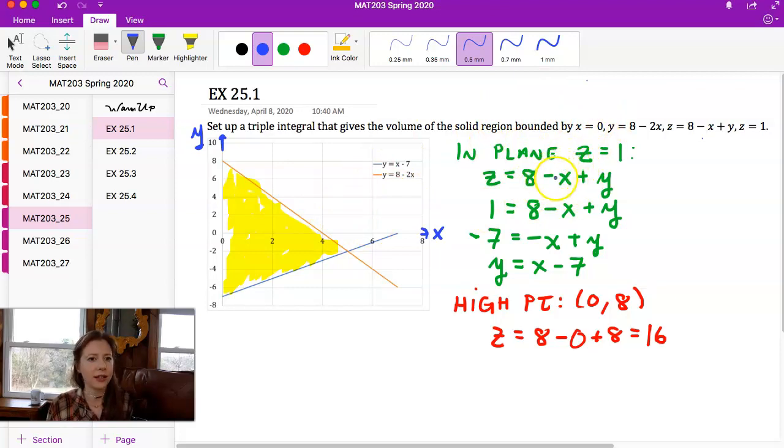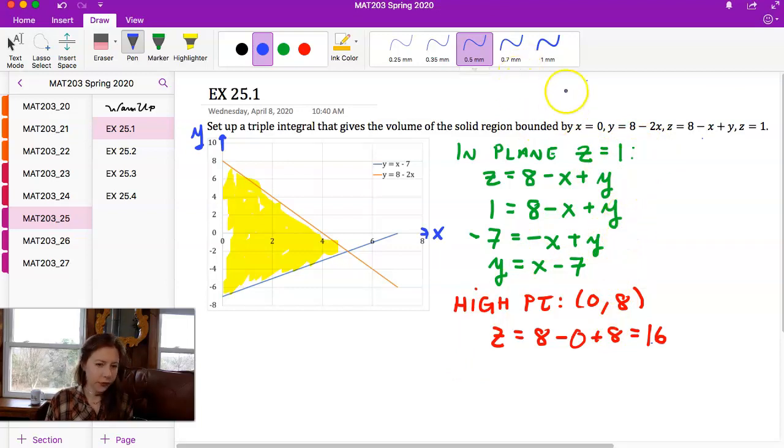If we put in 0 for x, then obeying these bounds, what's going to be our max value for y? That's 8. So the point (0, 8) is where we get our maximum for z. The point above (0, 8) is where z is equal to 16. So for z, we're going between 1 and 16, technically.